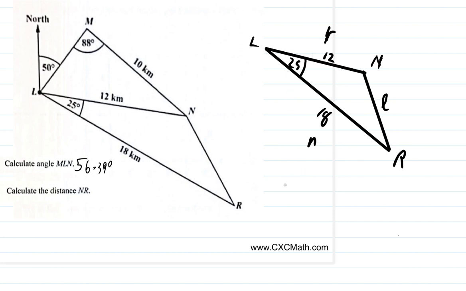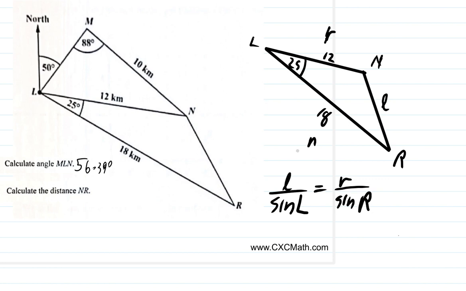Alright? Now, l over sine L equals r over sine R.